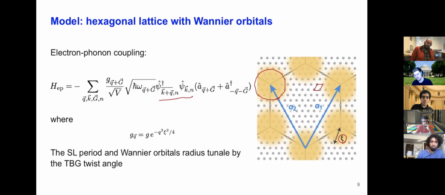And then this is the Hamiltonian for the coupling, and now we can guess how this Hamiltonian comes about. And the important thing is that there's a coupling in this Hamiltonian.